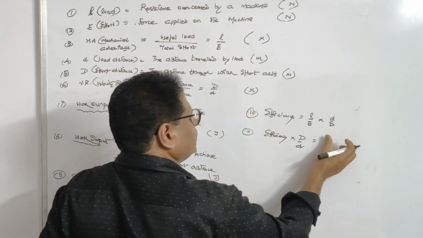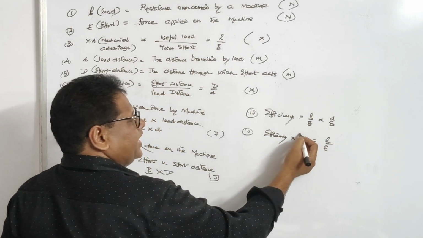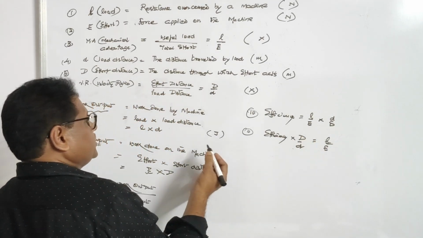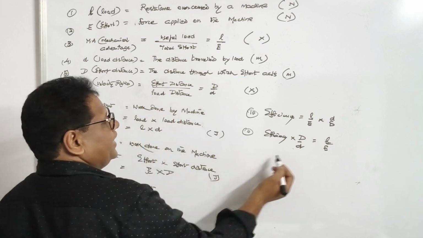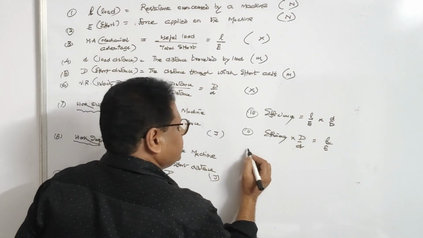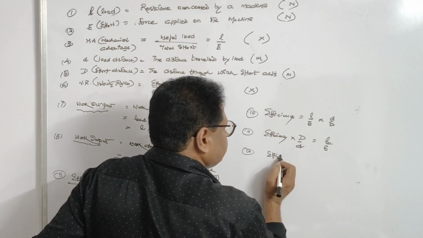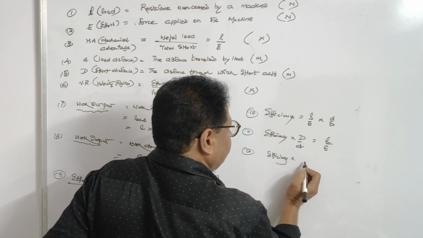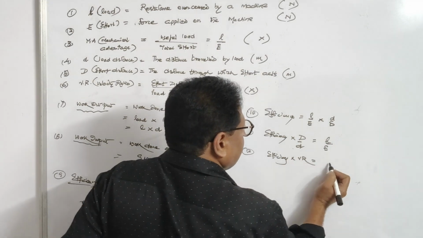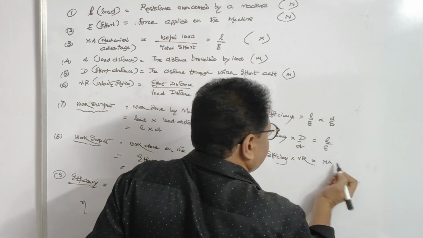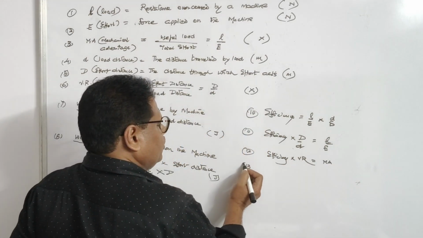Here we have the velocity ratio already discussed, and this is the mechanical advantage. So ultimately we have the expression efficiency into velocity ratio equals mechanical advantage. The symbols have already been discussed.